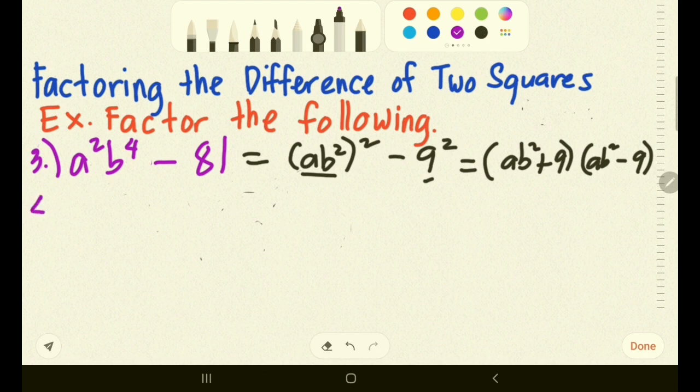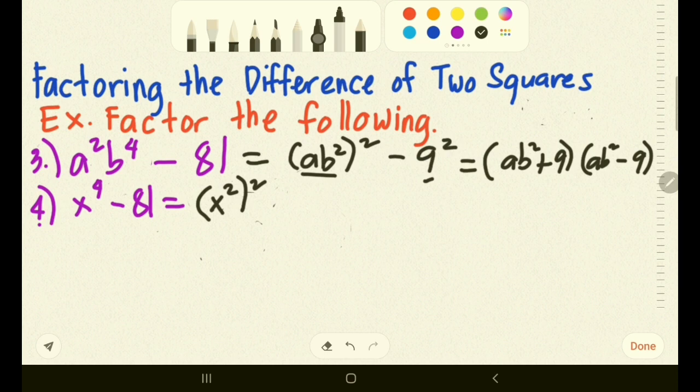Proceed to number 4. You have there x to the power of 4 minus 81. X to the power of 4, that is the square of x squared.